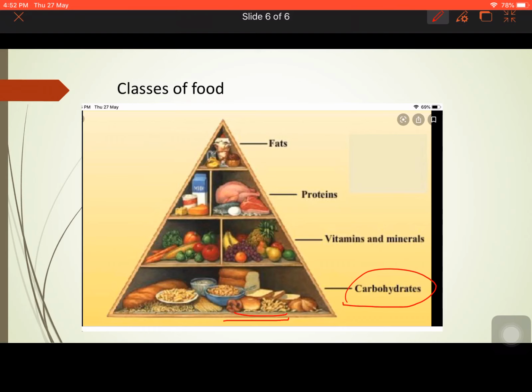In this energy providing food class, another thing also comes, that is fats, but that is required in less amount. Then comes the protective principle of food, that is vitamins and minerals. If this protective principle of food is taken in adequate amount, we will never fall sick.